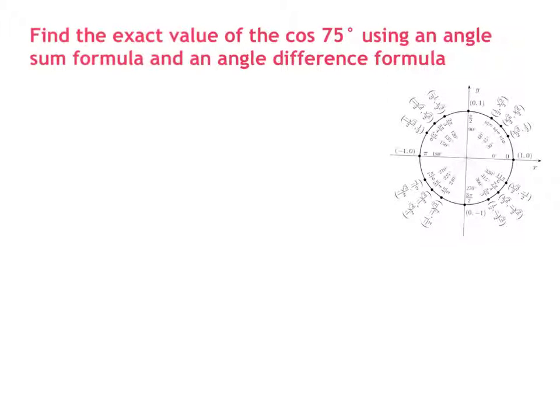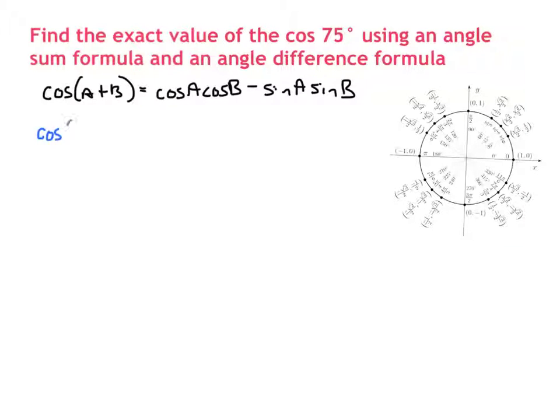So I'm going to start off with the sum formula. The sum formula, once again, said that the cosine of angle A plus B is equal to the cosine of A times the cosine of B minus the sine of A times the sine of B. So the cosine of 75 degrees, well, that's the same thing as the cosine of 30 degrees plus 45 degrees.